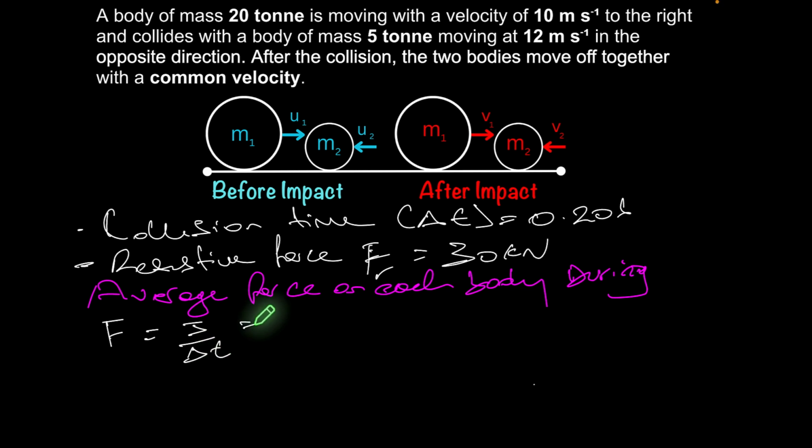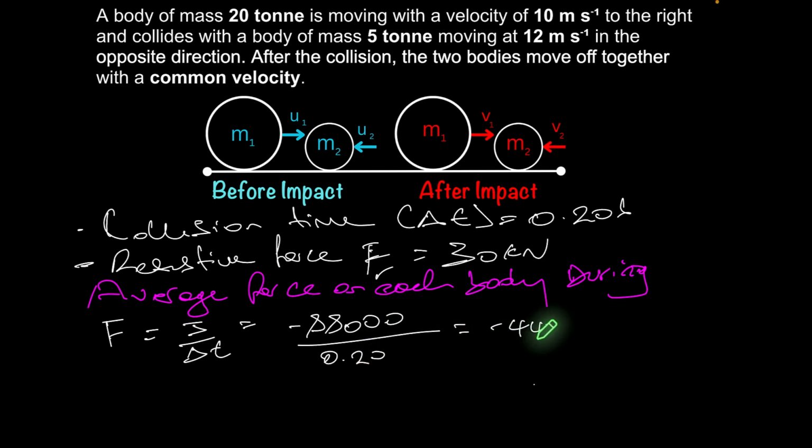So let's see how this works then. I'm going to look at the 20-ton body to begin with, and the impulse for the 20-ton body was negative 88,000. And if we just divide that now by the time taken, which was 0.2, then this is going to give us an average force of negative 440 kilonewtons, or 440,000 newtons.